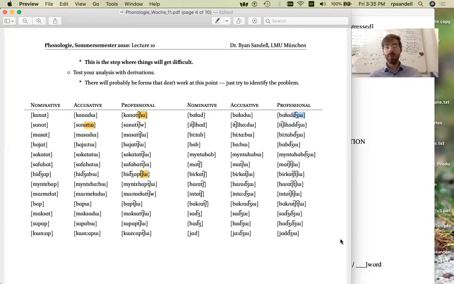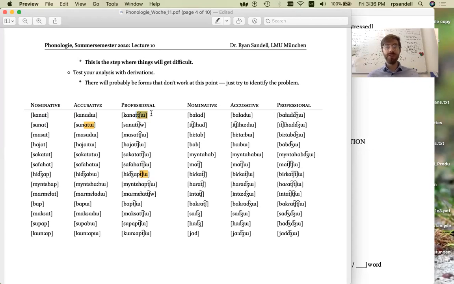One might perhaps try to use that as evidence of what the underlying form for the stem could be. It might lead you to think, the stem must have an underlying voiced stop, and that causes the professional suffix to become voiceless.